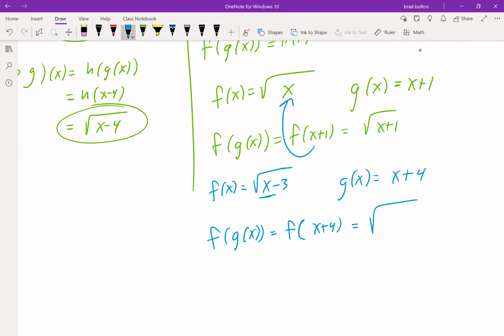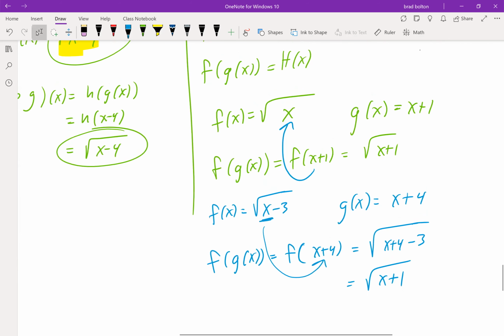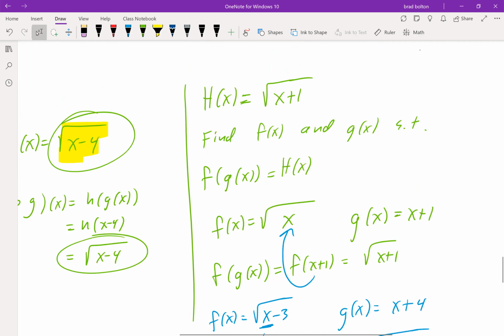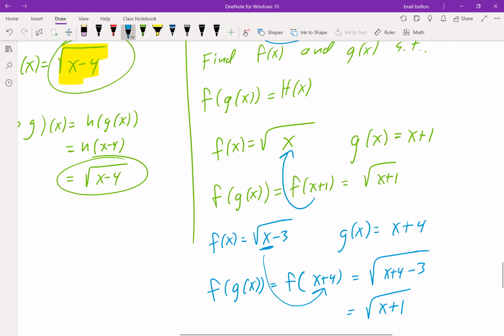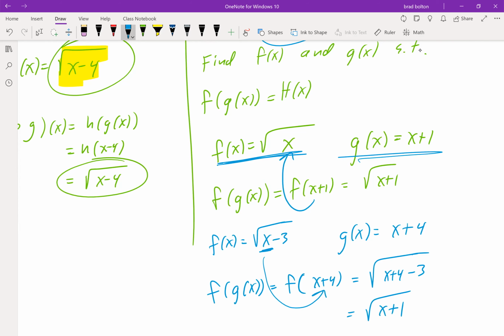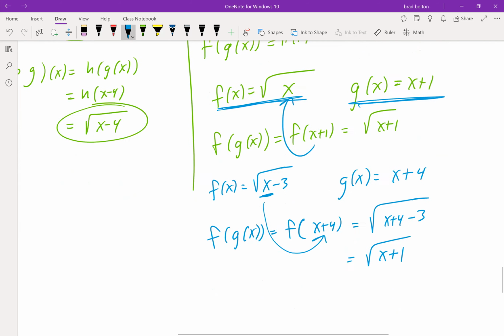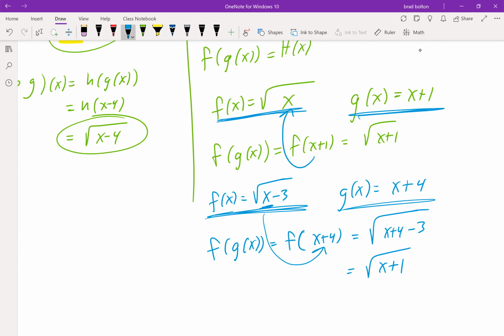Now instead of this x here, I'm going to use this x plus 4, right? So this is going to become x plus 4 minus 3. So this will become the square root of x plus 1, which once again is h of x. So this could be f of x and this could be g of x, or this could be f of x and this could be g of x.